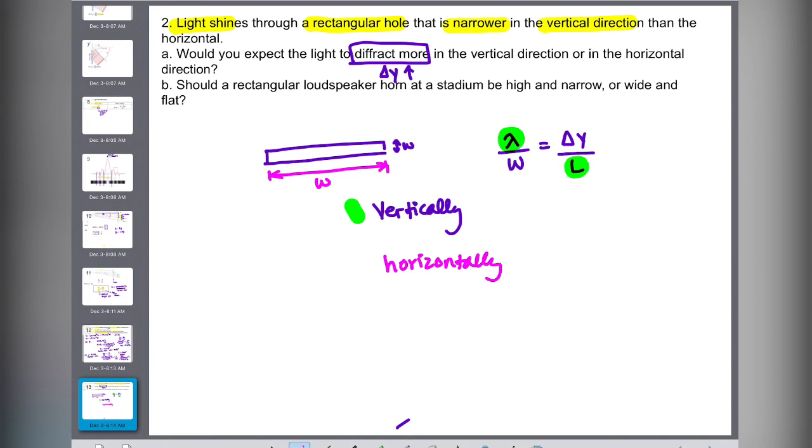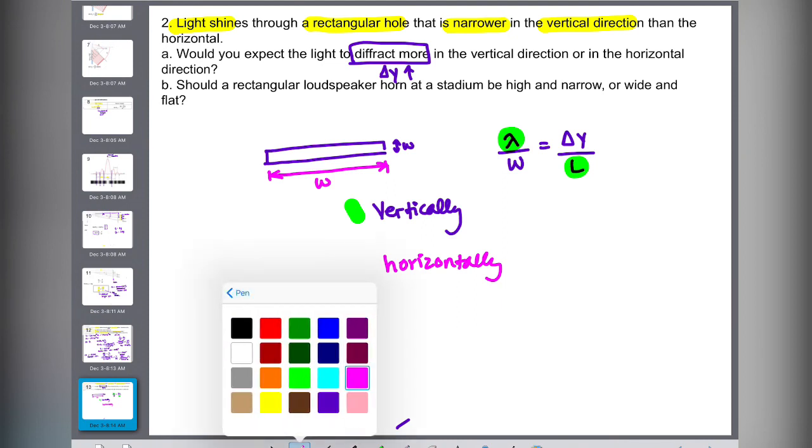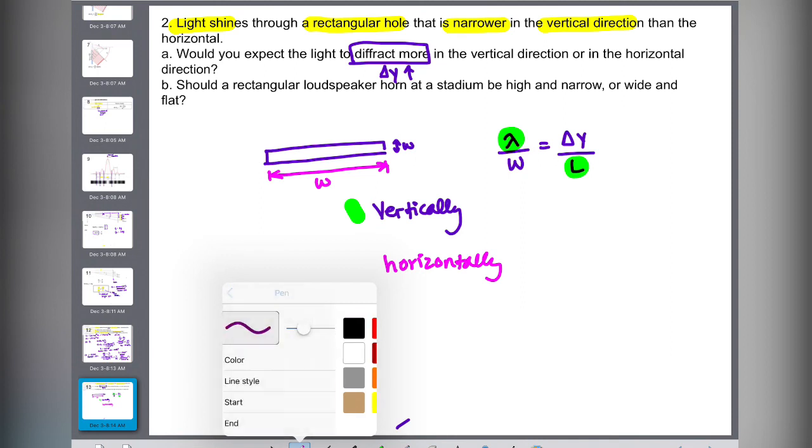So they're asking you, with a bigger w or a smaller w, would it yield a bigger y or a smaller y? If you need to, you can rearrange your equation. Most of you don't like critical thinking questions. You always just like to punch in the number and get an answer from me.